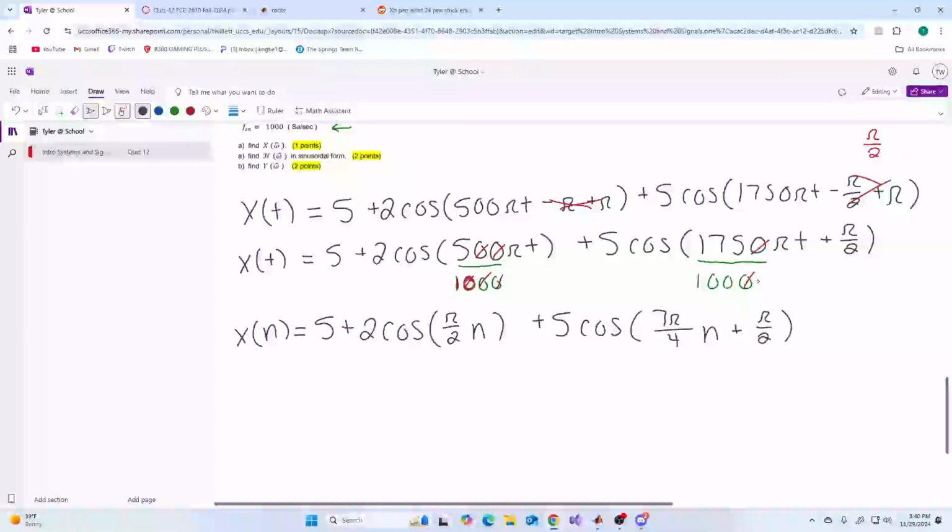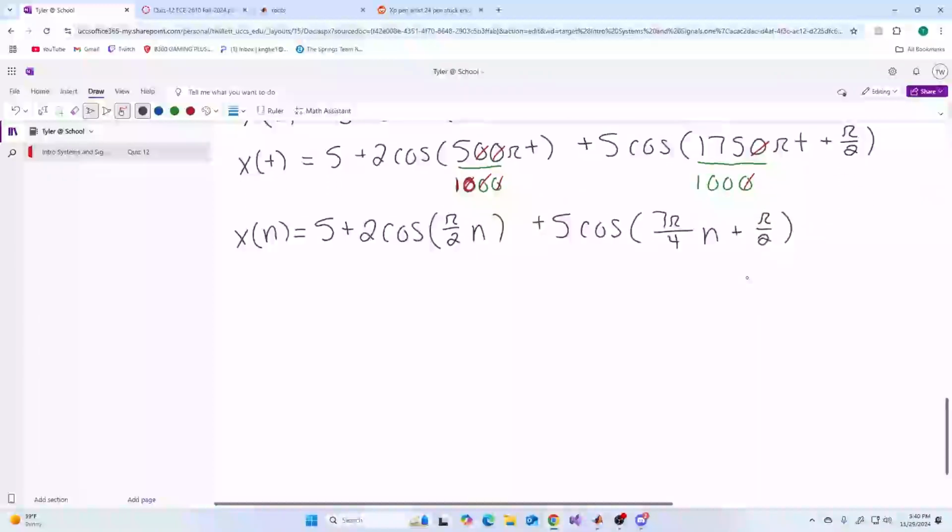Now, when I convert to x w hat, what I'm concerned about is just the amplitude and the phase. And I'll show you what I mean by that. So I'm going to write this out. X sub w hat equals, I'm going to start with this one here.